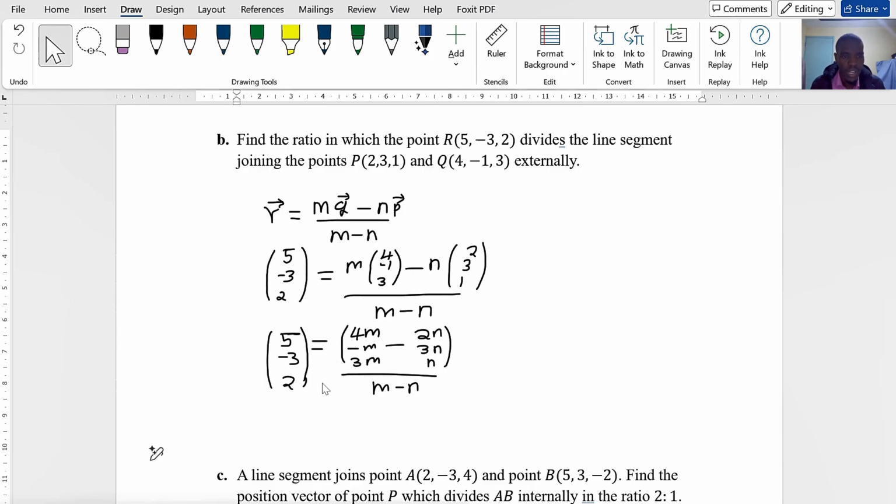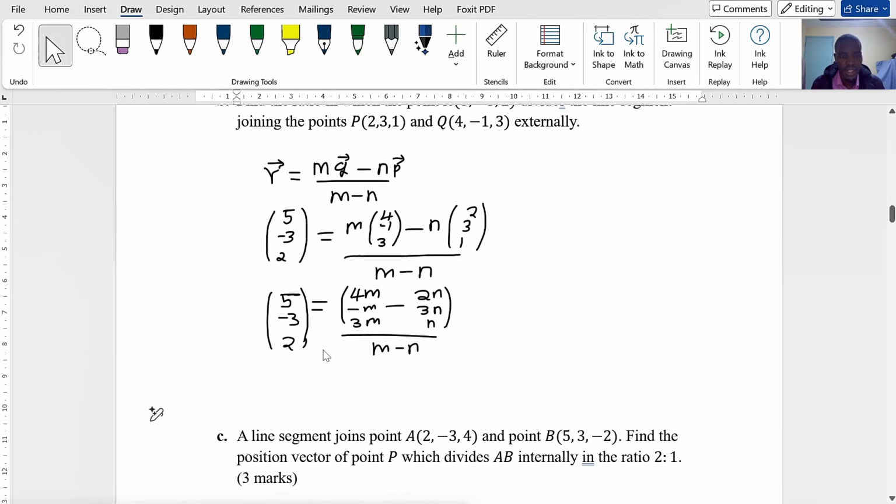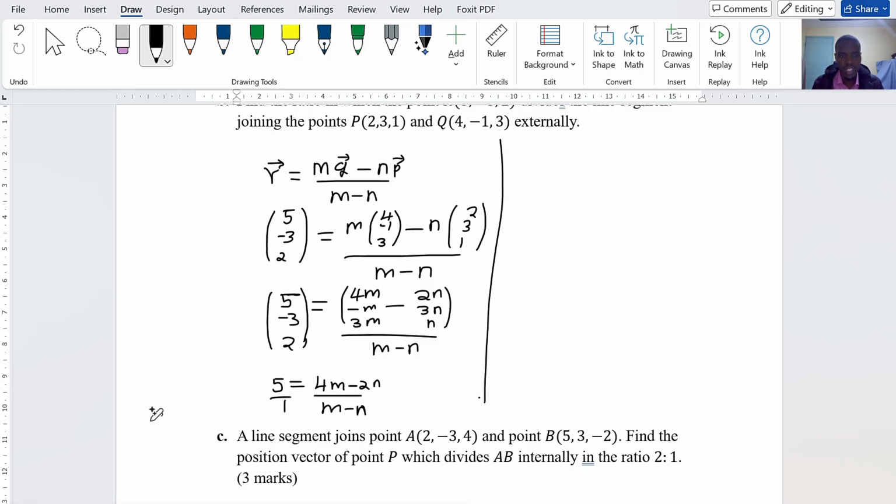Now, let's calculate for x. We need to get the same ratio for x, same ratio for y, and same ratio for z. So let's start with x. 5 equals 4m minus 2n, all divided by m minus n. Now when you cross multiply, we are solving for the ratio in x.